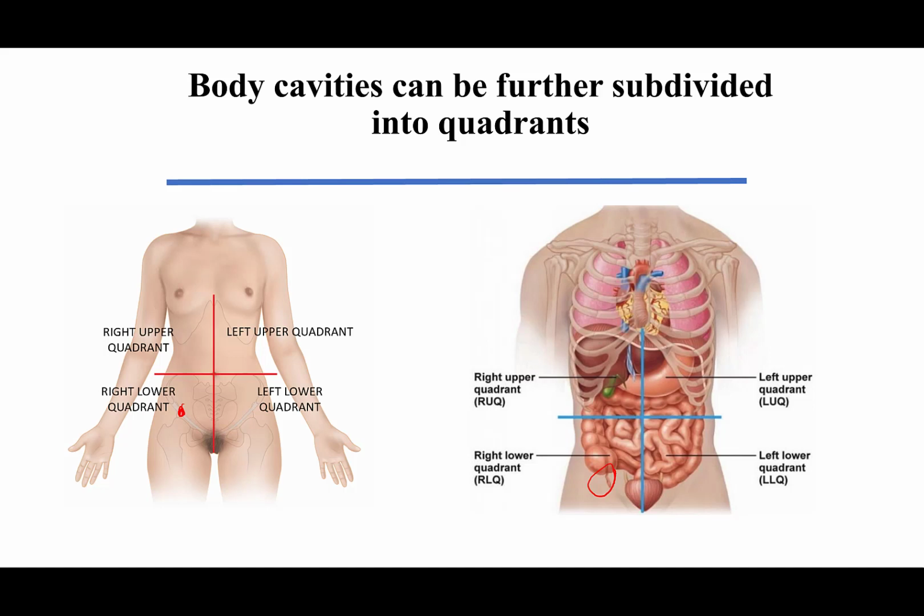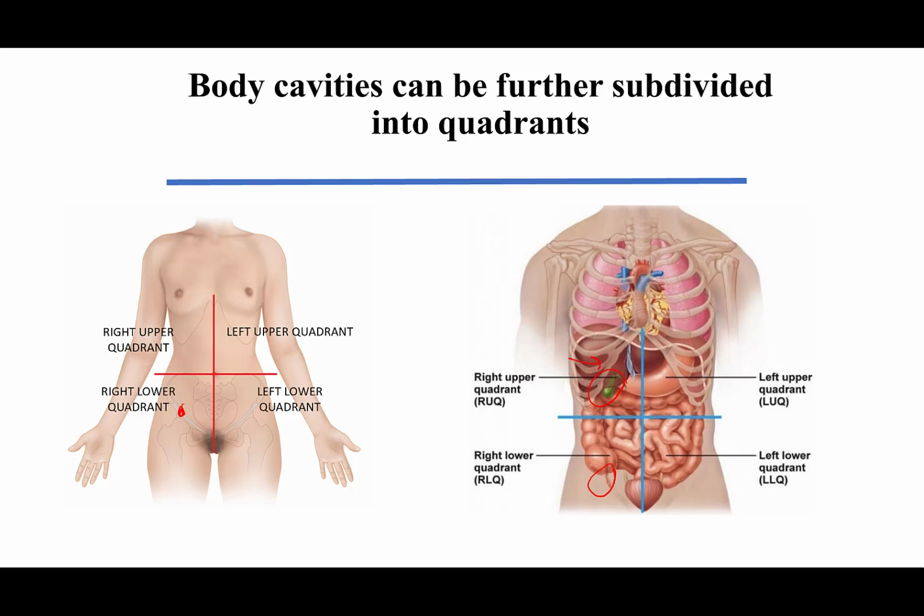On the other hand, if a patient described the pain at the right upper quadrant, then you would be more concerned with the liver and the gallbladder.